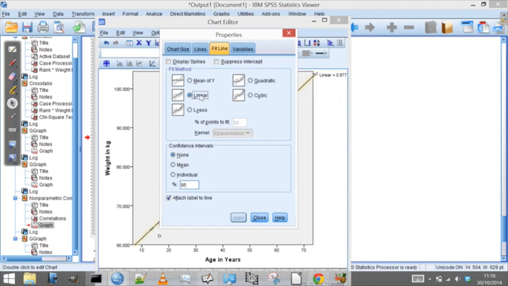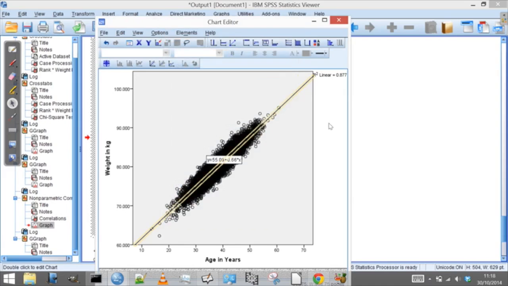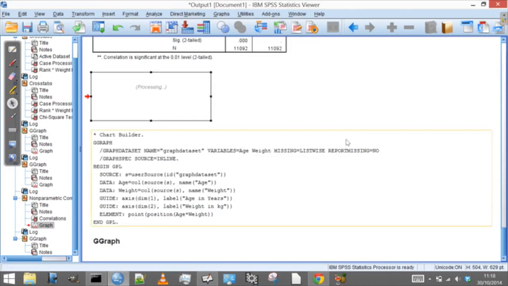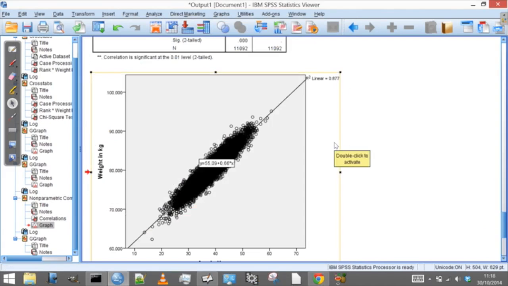And if it's not on your computer, you want to select linear. And then just close that. And as if by magic, and you can close this box as well, a straight line has now appeared through the data set. So even if we've got a fancy curved display, we know that that's a straight line.